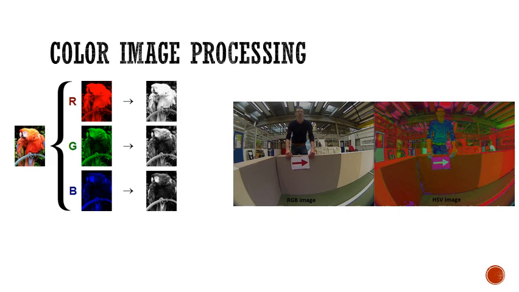So we'll be using these color image model attributes to gain some parameters or information, and subsequently process the color using color image processing.